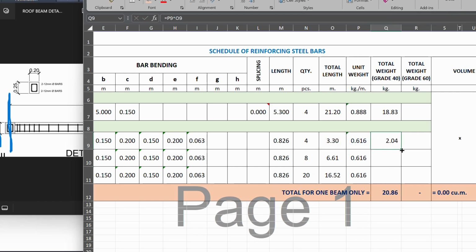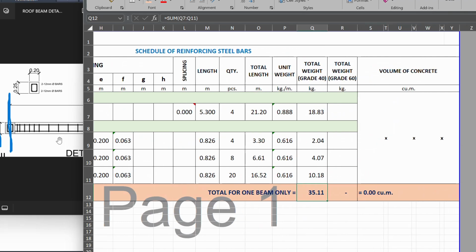That's it, and you can just drag down or copy paste. So here is already the total for this grade 40. This is the total weight of RSB for one beam only.